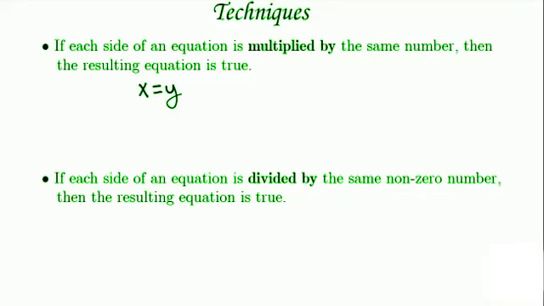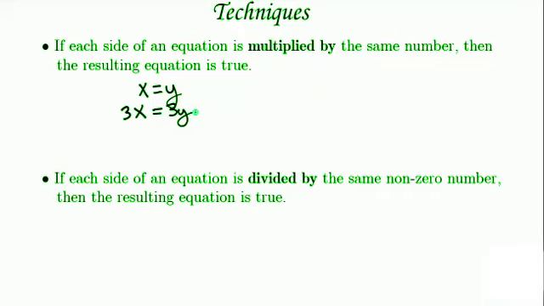What the multiplication principle says is that if I multiply x by the same number, for example 3 times x, and I multiply the right side of the equation by that as well, 3y, the equation is still true.